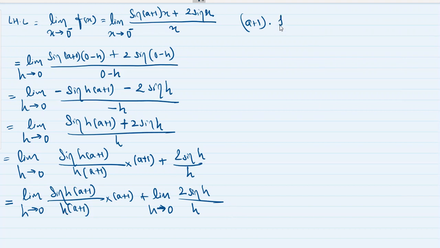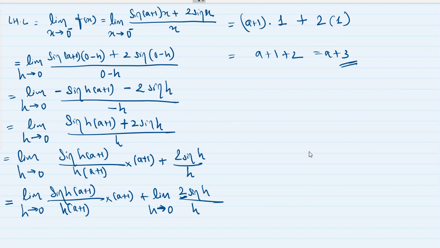So (a plus 1) into 1 plus, here 2 will come out common, and limit of sin h by h will become 1 when h tends to 0. So the value of LHL here will become a plus 1 plus 2, which is a plus 3.